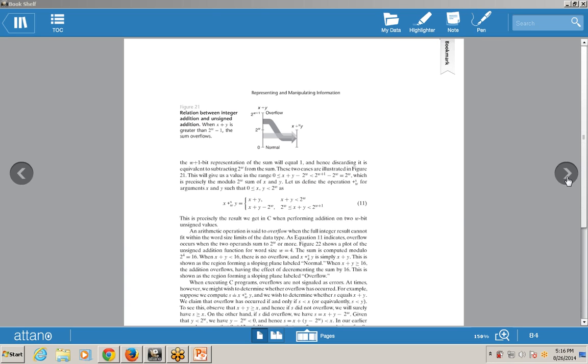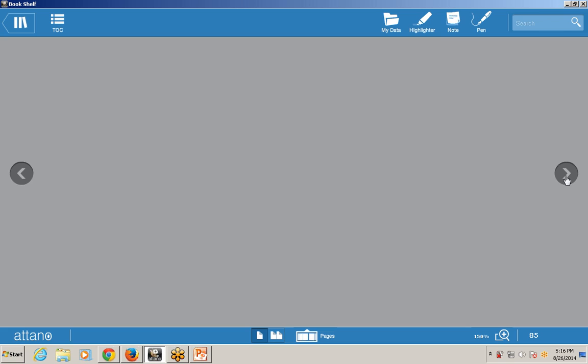In yesterday's class, we talked about topic number 3, that is integer arithmetic.